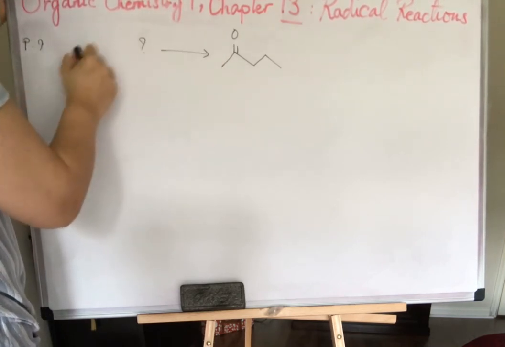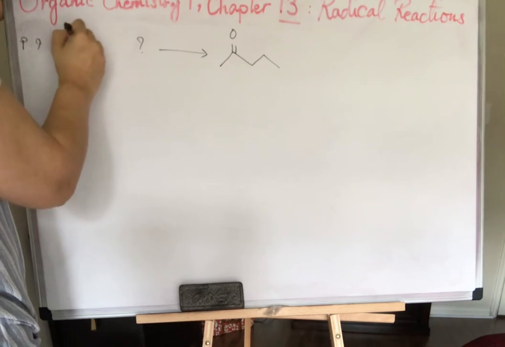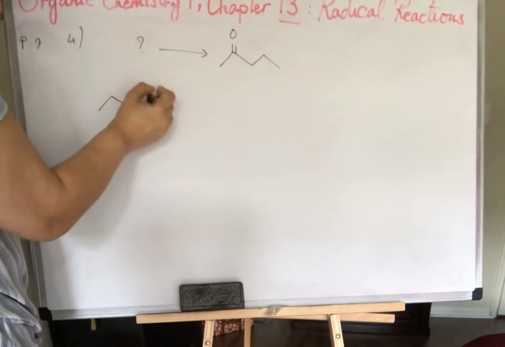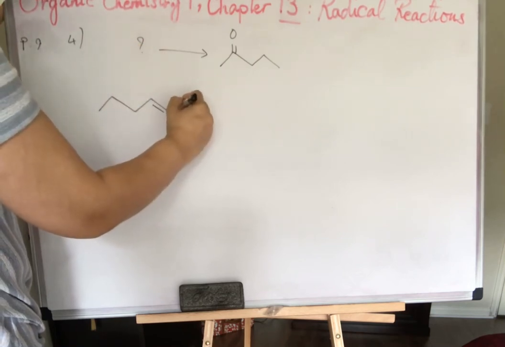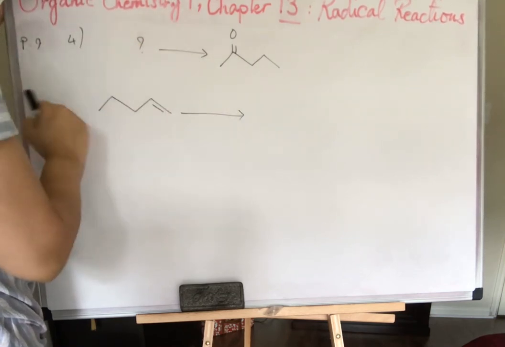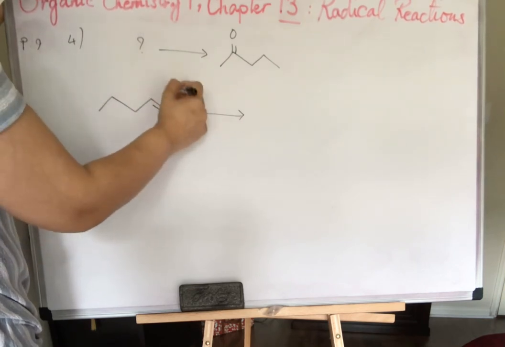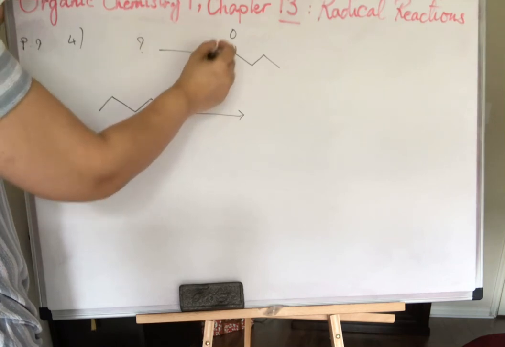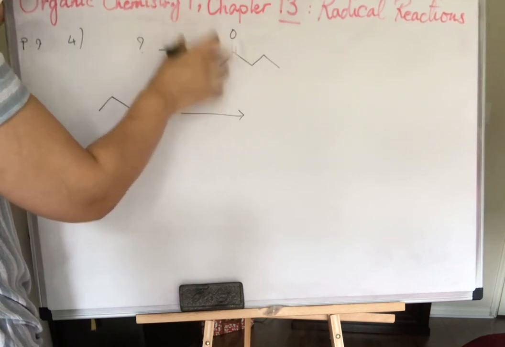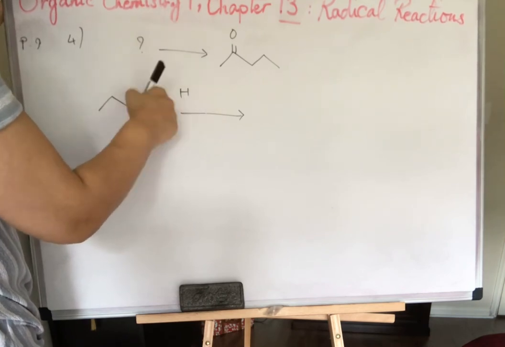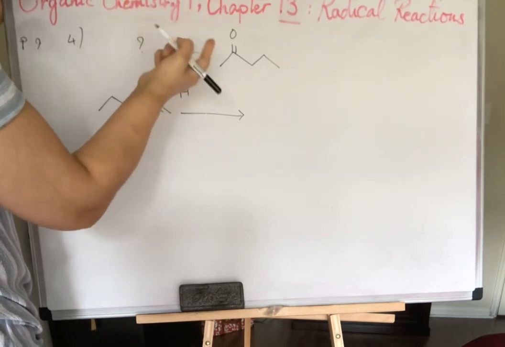If you go from the alkene 1, 2, 3, 4, 5, then you first need to change it to alcohol and then oxidize your alcohol to a ketone, right? If you try to change it directly, there is no way.